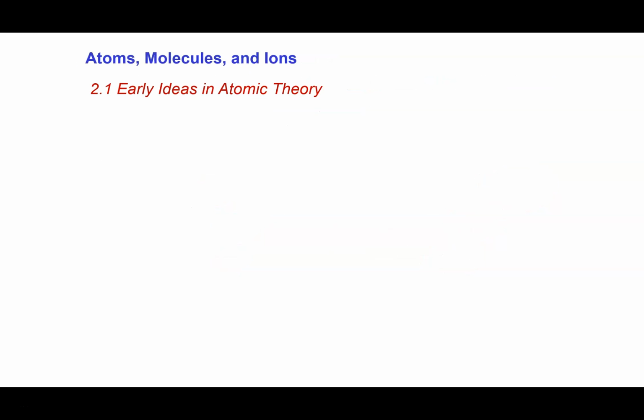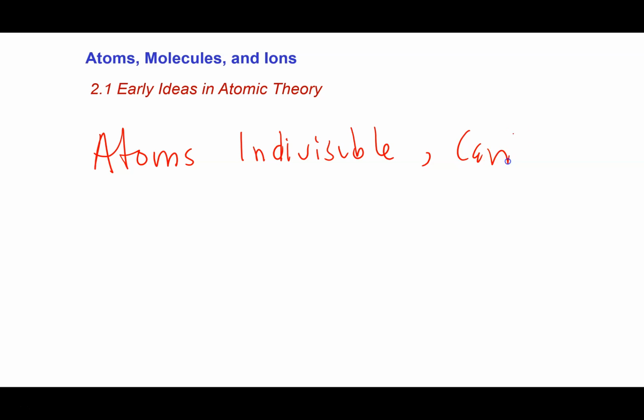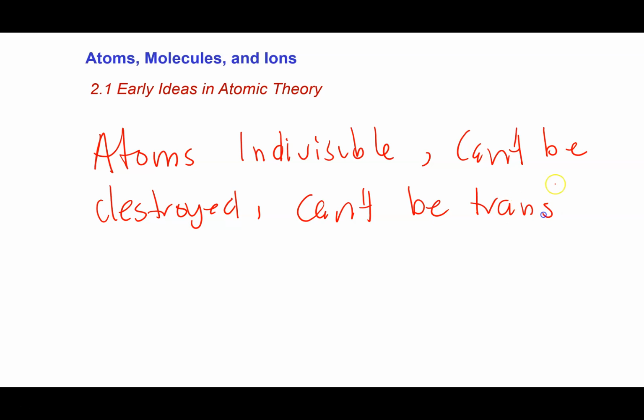So that sort of fleshes out the two big early theories describing how atoms behave and interact with one another. And largely Dalton's theory remains intact. There are a few comments that can be made. One of the ideas that Dalton had was that atoms were indivisible, can't be destroyed, and can't be transformed.